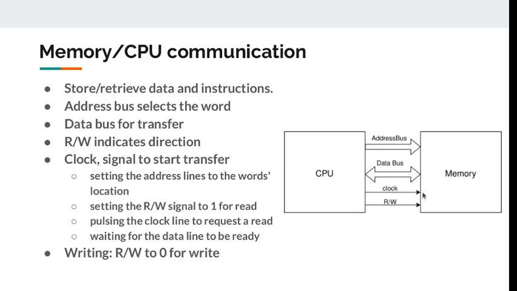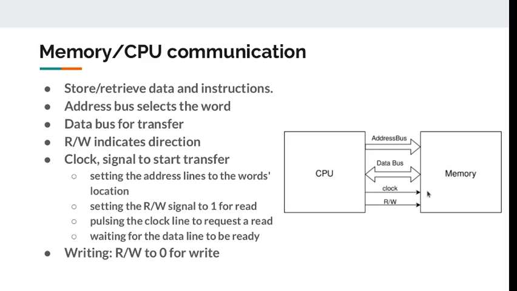And we have a clock signal, so we know when to start our communication. And usually we have a bit to indicate if we want to write or to read from the memory. So you set the address bus. Okay, I want to read from this address, and you set the read/write bit to 1 because you want to read.